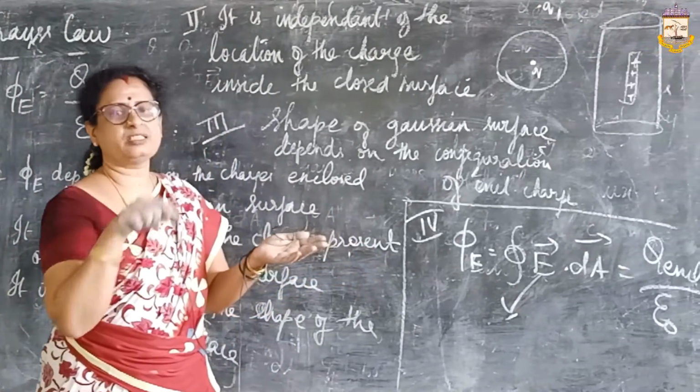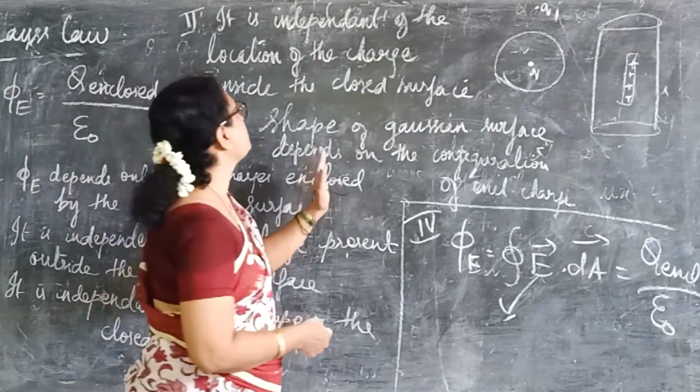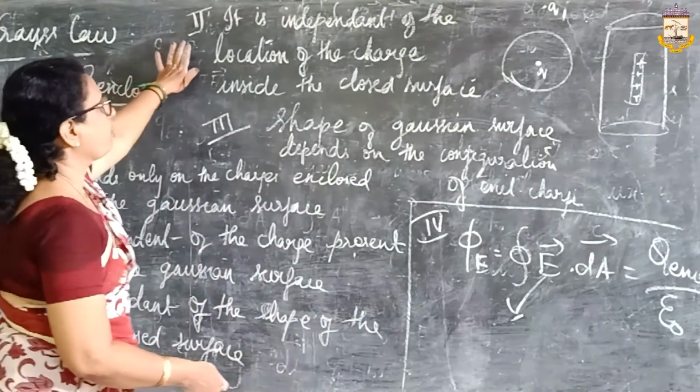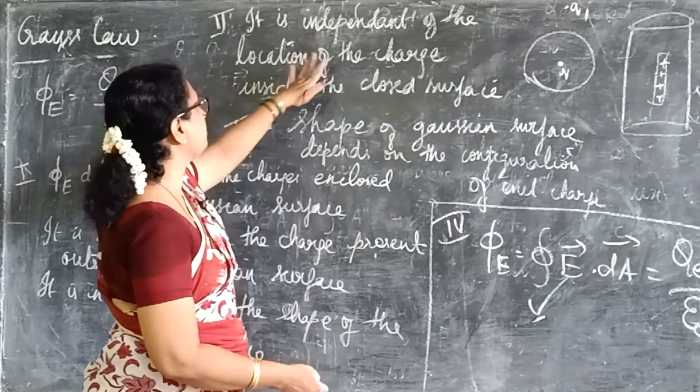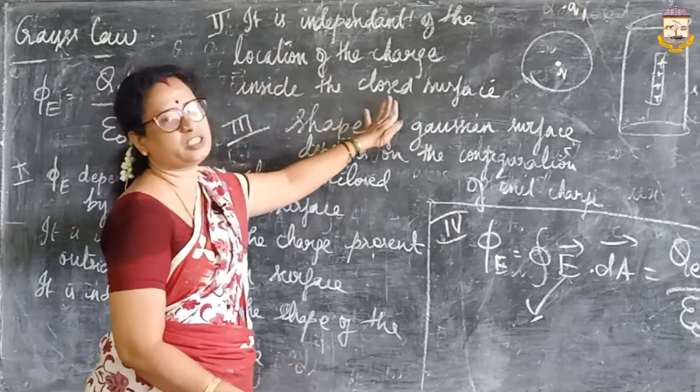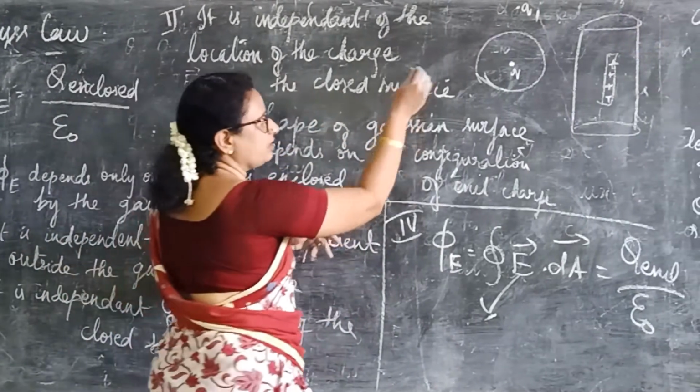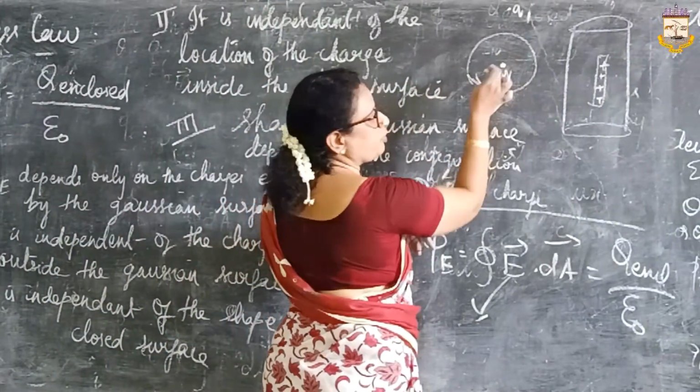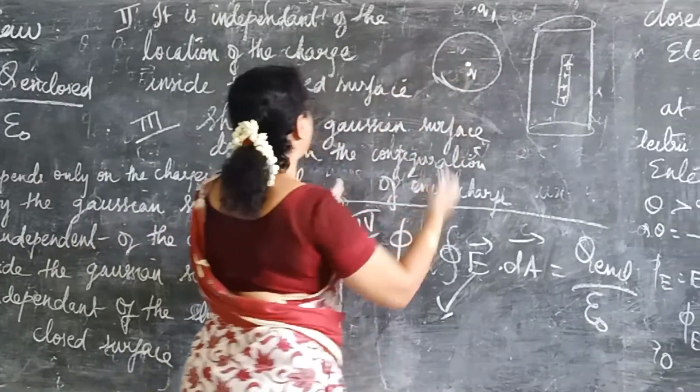The closed surface may be of any arbitrary shape. Inside the closed surface, the charge which is contributing to the electric field can be present anywhere.